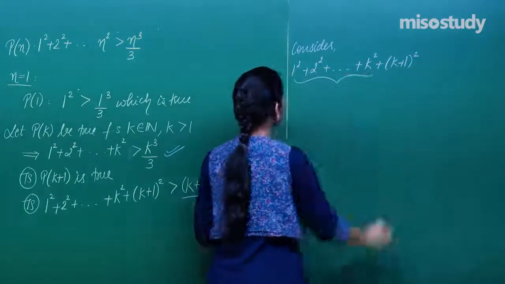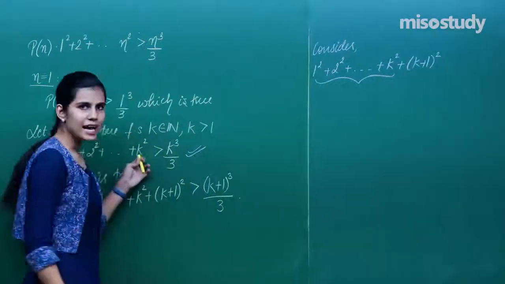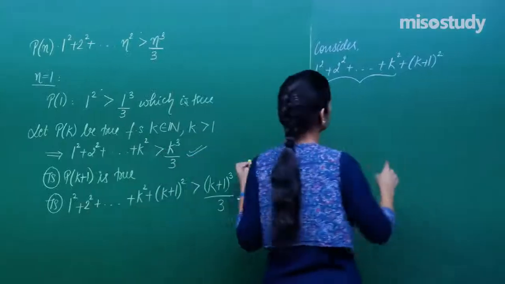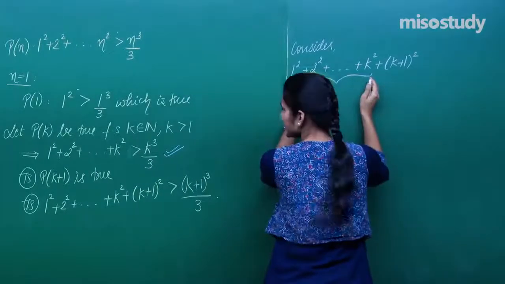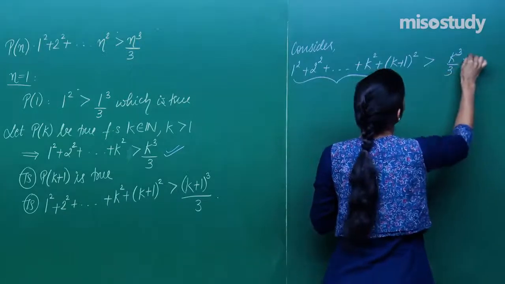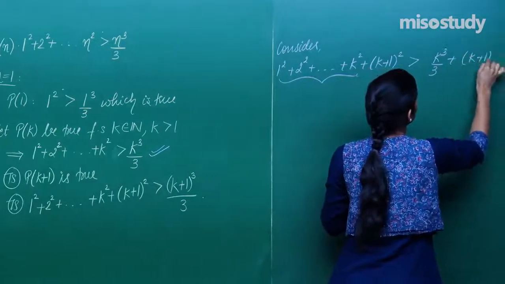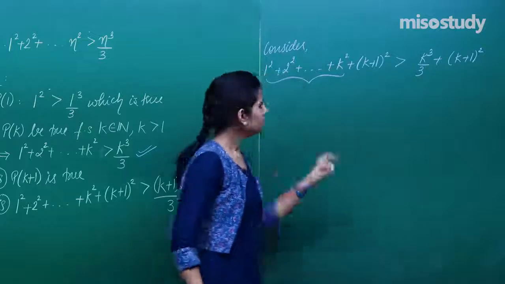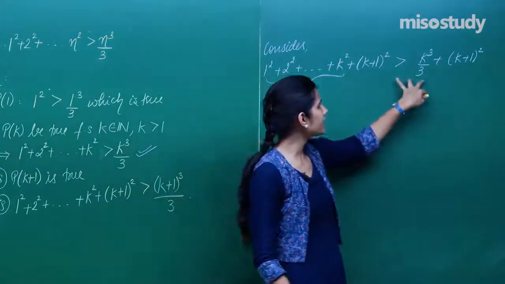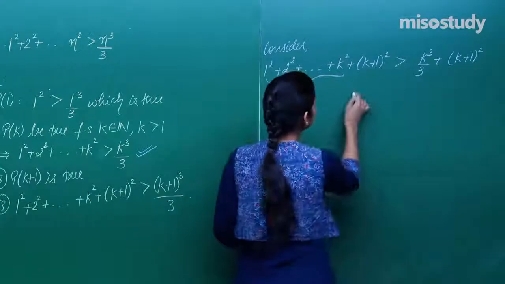Now from 1 square till k square, I already have the value, it is strictly greater than k cube by 3 by the induction hypothesis. So this portion plus this quantity is greater than k cube by 3 plus (k+1) whole square.